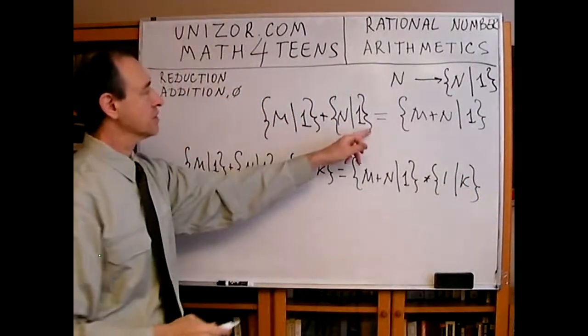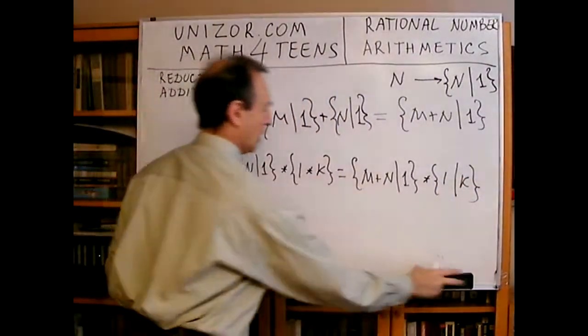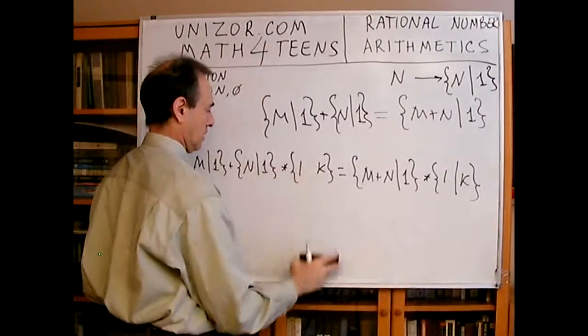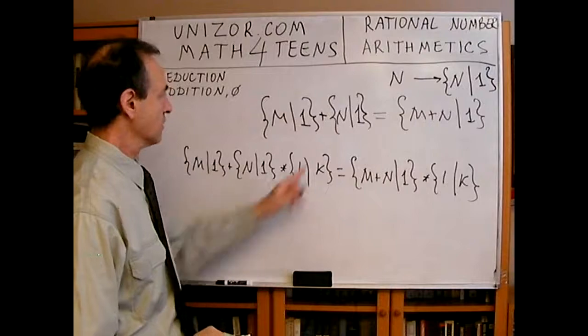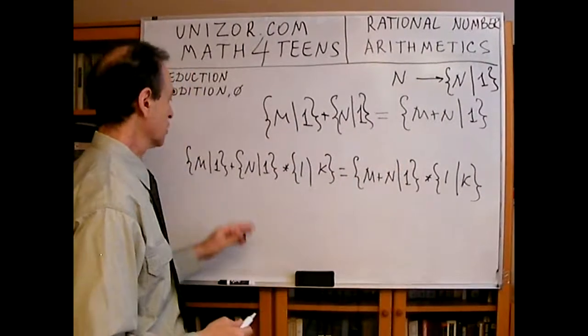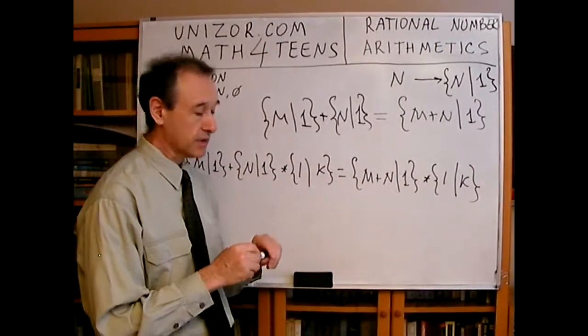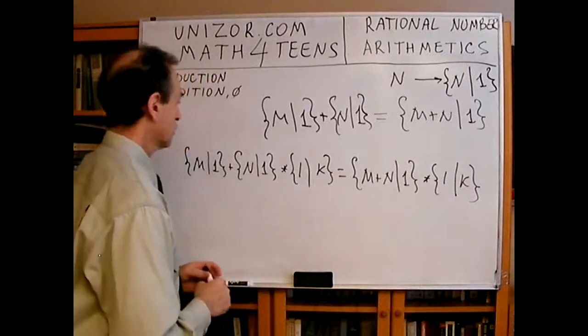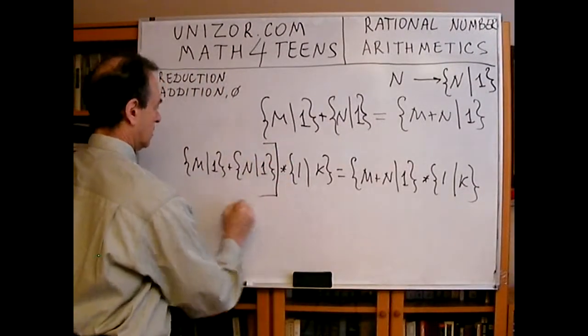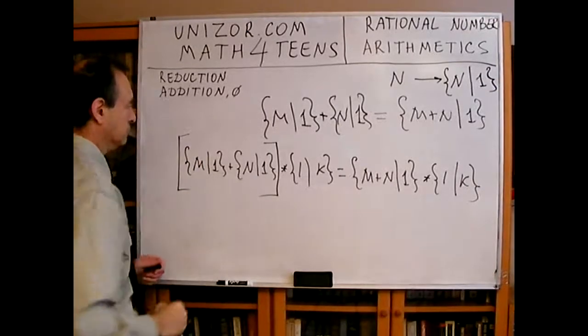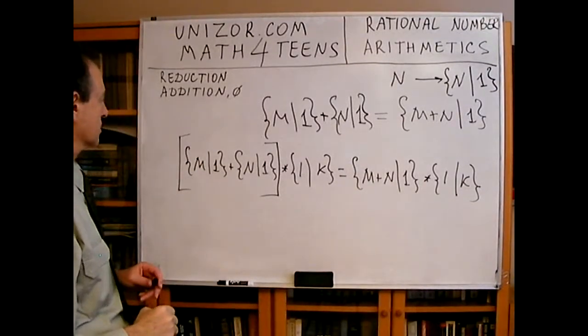So I just took this equation and multiplied both sides by 1 over k. If this is true by definition, this should be true if we want our distributive law to be correct, right? And I have to put some extra parentheses around this, right?